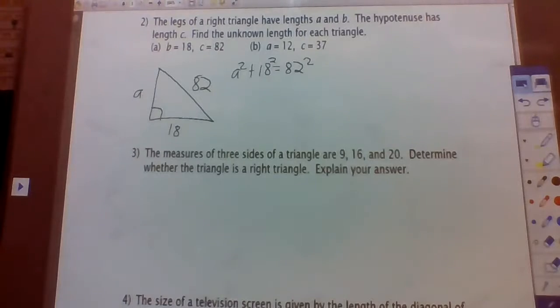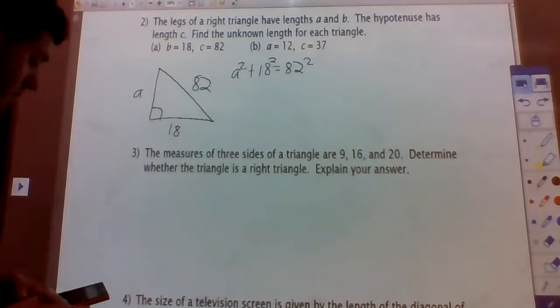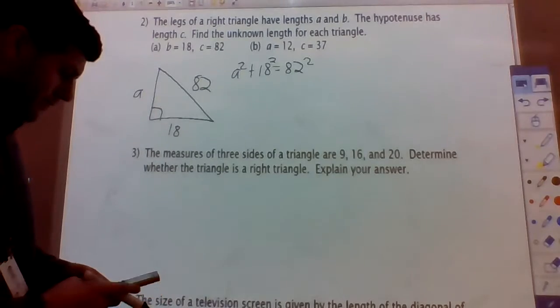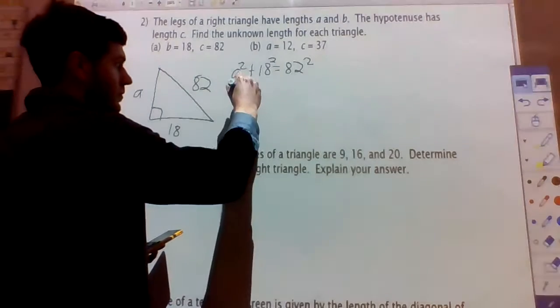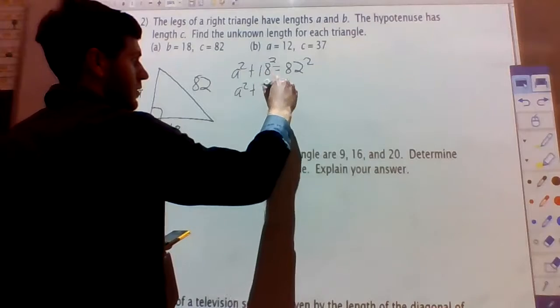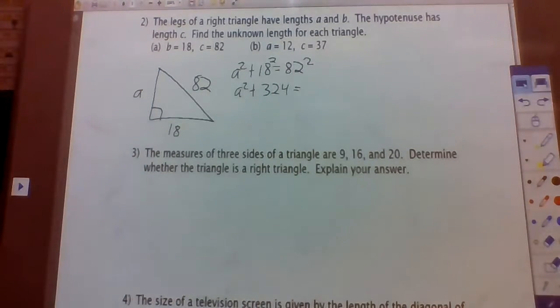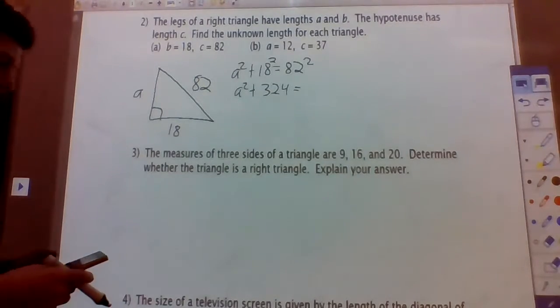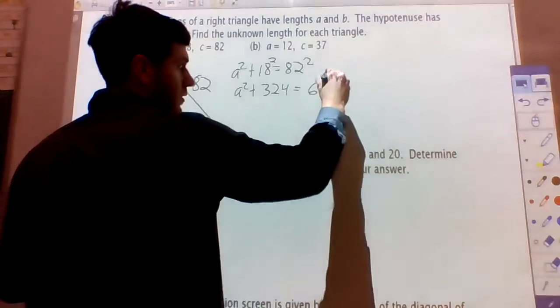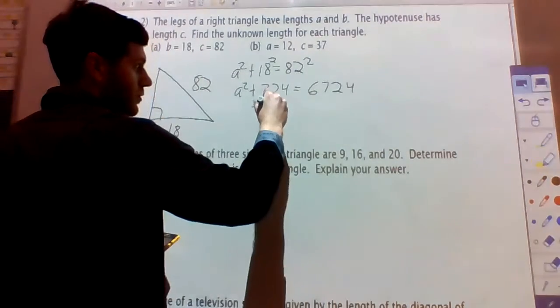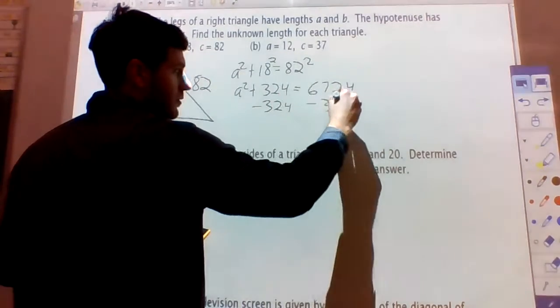Okay, we got to grab a calculator for this. 18 squared, so 18 times 18, 324. Then 82 squared is 6,724. Okay, then we have to subtract 324 from both sides.